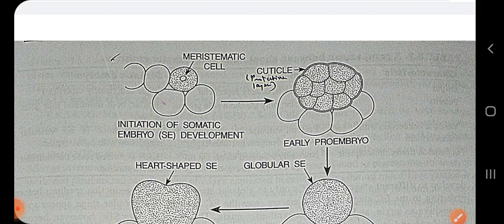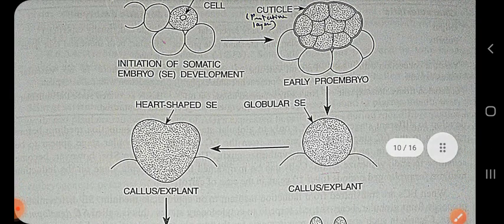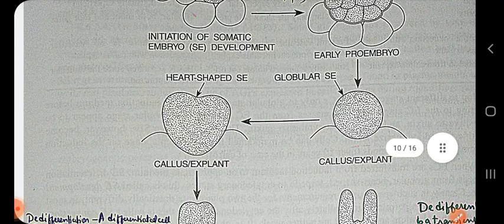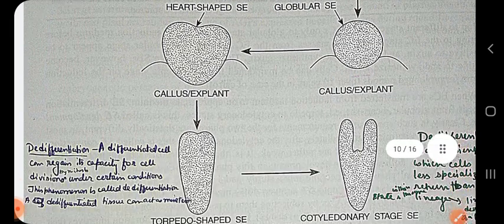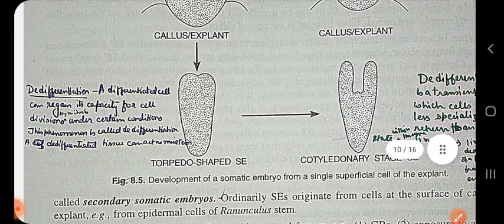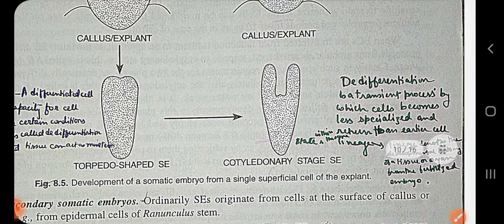Subsequently these cells of the meristematic mass continue to divide and give rise to different shapes: globular, then heart, then torpedo, and then cotyledonary, which is the cotyledonary stage of somatic embryogenesis.